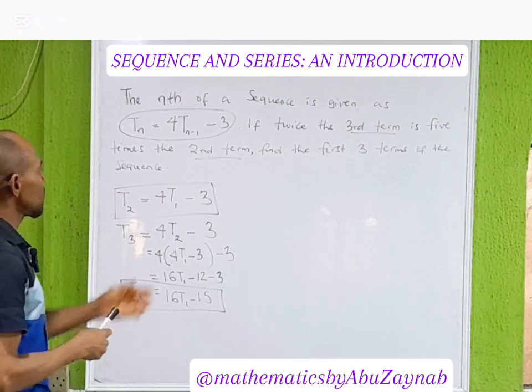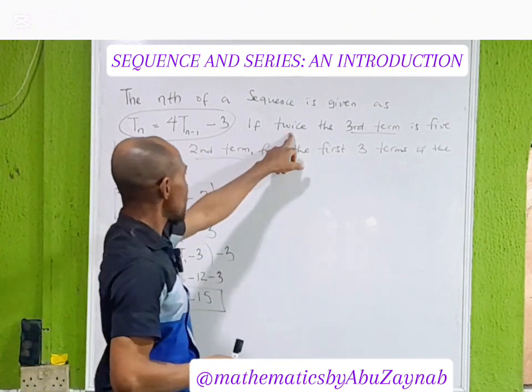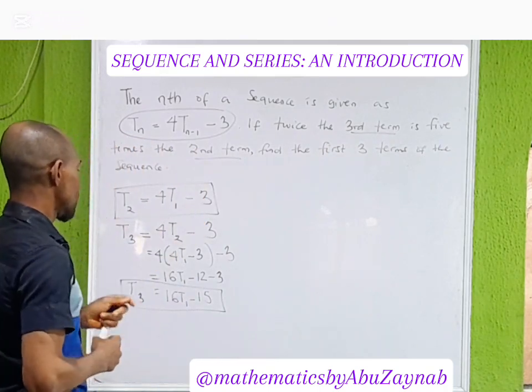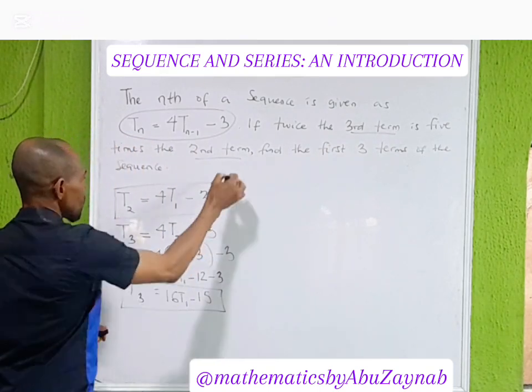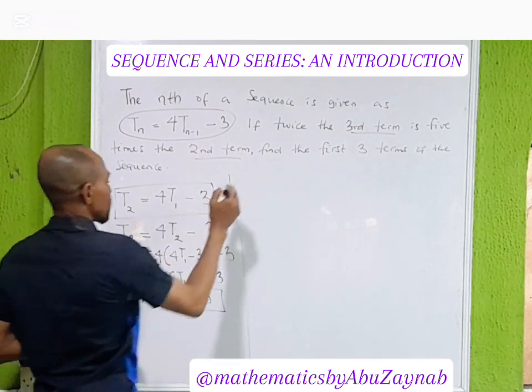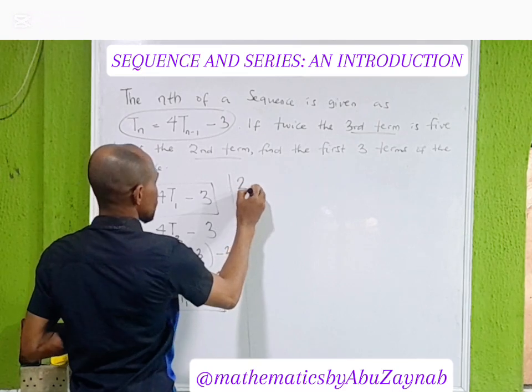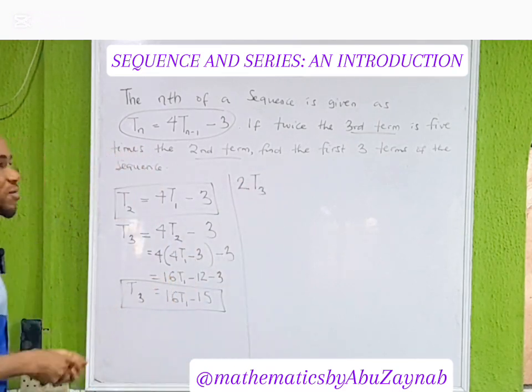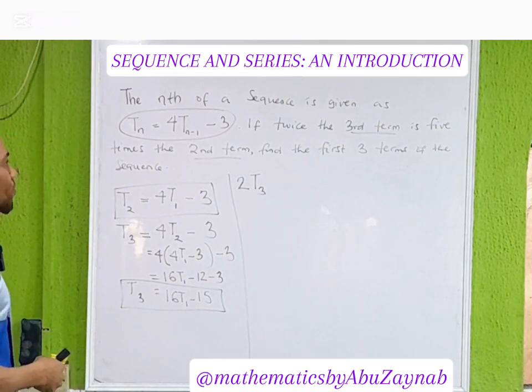Now we go to the information. Twice the third term is 5 times the second term. It says twice the third term. Twice, 2 times T3. That's the meaning of twice the third term.